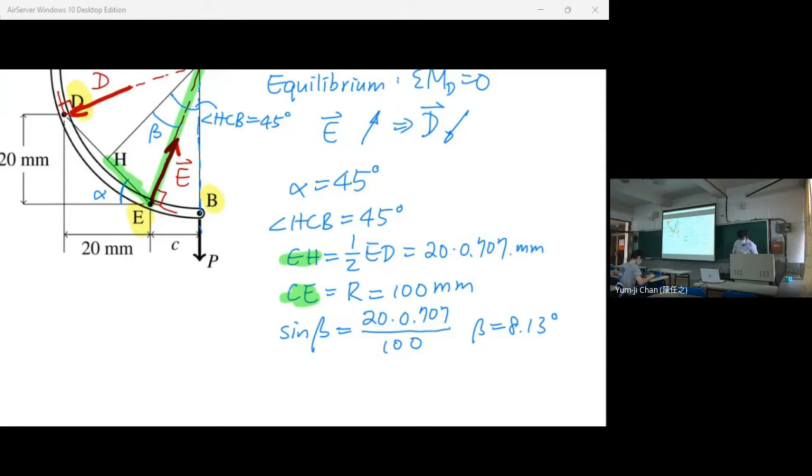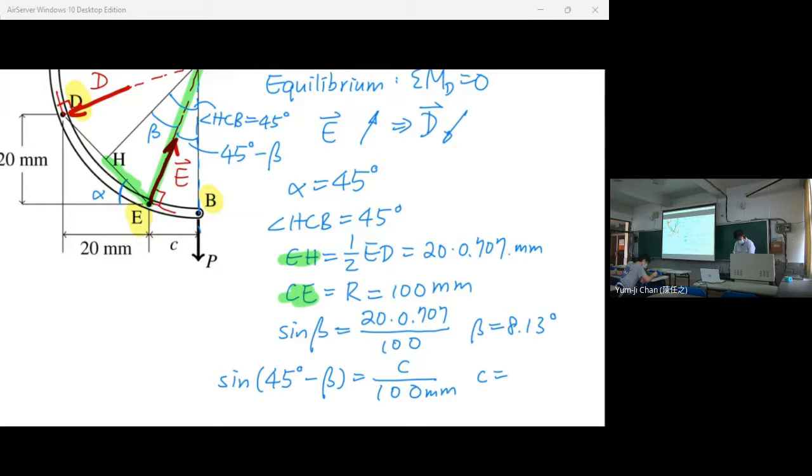So we have this angle equal to 45 degrees minus beta, and sine of 45 degrees minus beta is equal to C over 100 millimeter. So C is equal to 60 millimeters.